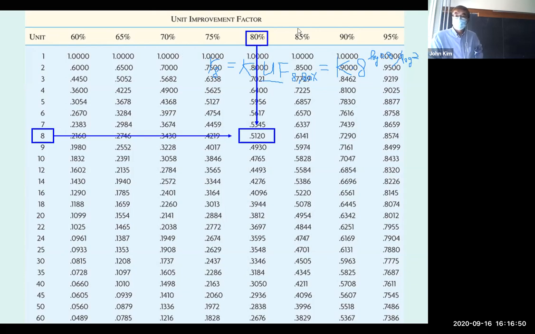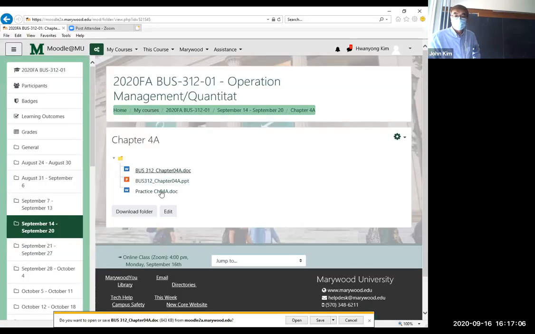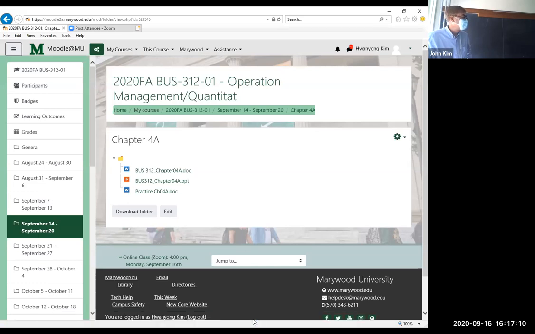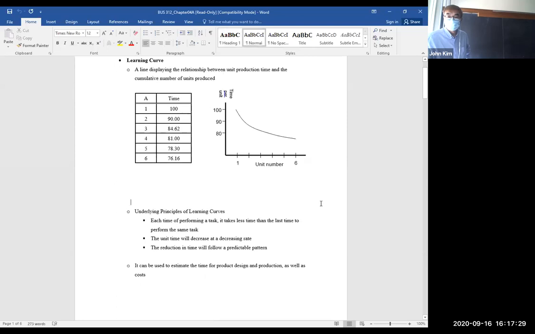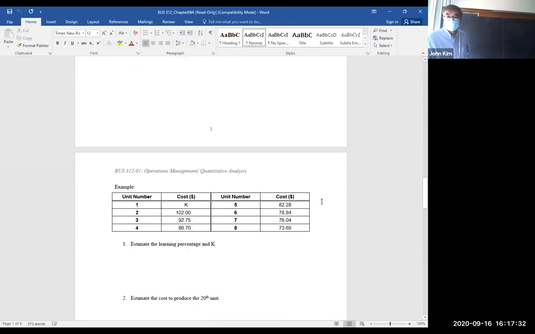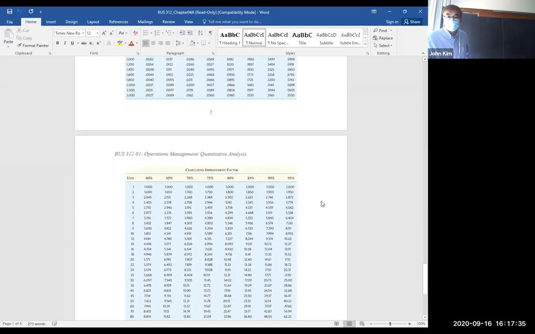I will show you where it is. In the lecture note, there are two charts.